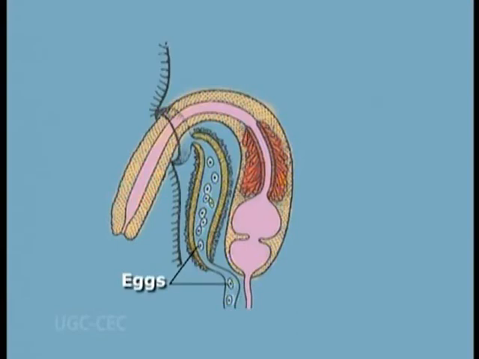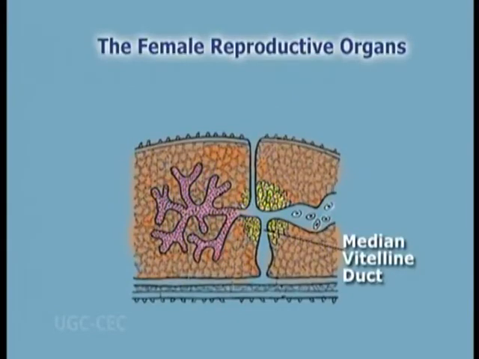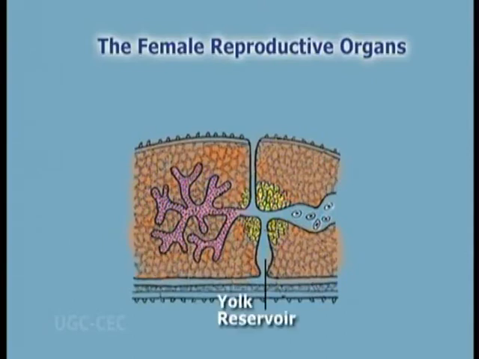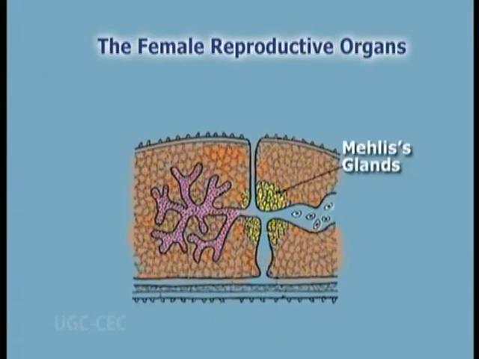Now, the vitellarian gland. It is one of the important glands associated with the female reproductive system. The junction of the median and transverse vitelline ducts swells up and forms a yolk reservoir. The yolk reservoir helps in the development of the embryo. Another gland is Mehlis' gland.